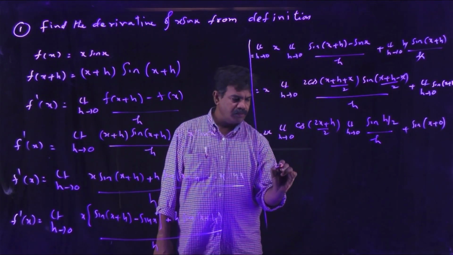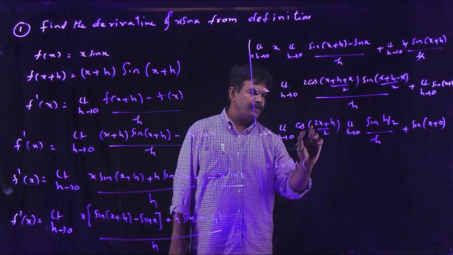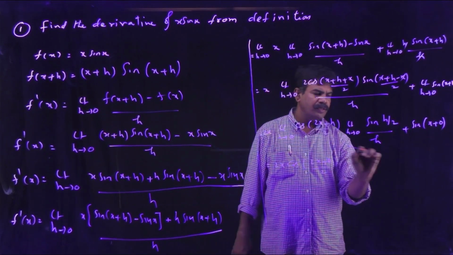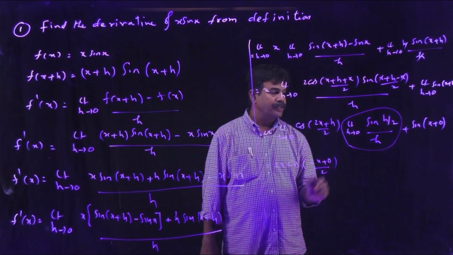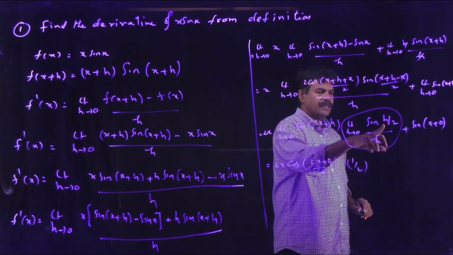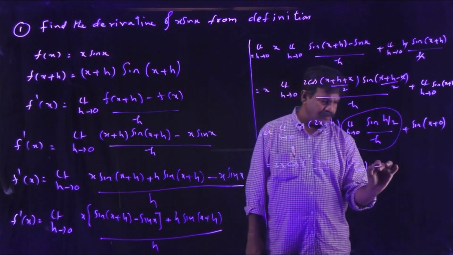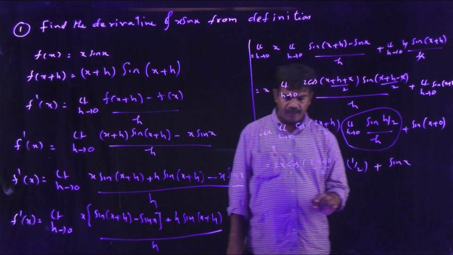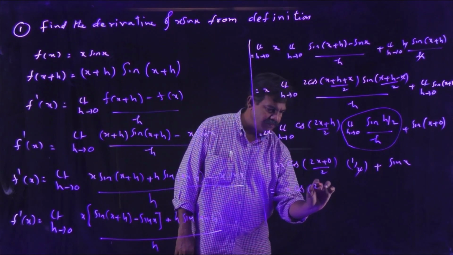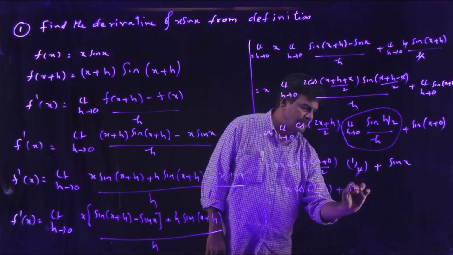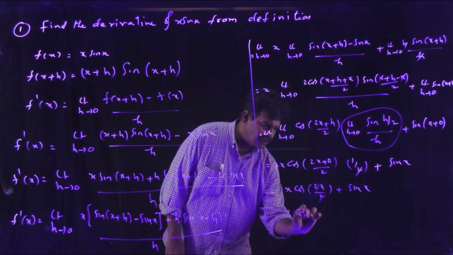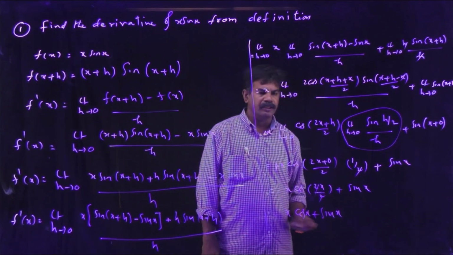That is equal to 2x into we apply limit cos of 2x plus 0 by 2. This value is 1 by 2, because limit h tends to 0 sin ah by h means a. Here a is equal to 1 by 2, plus sin x. 2 cancel, that is equal to x into cos of 2x by 2 plus sin x. 2 cancel, it is equal to x into cos x plus sin x.